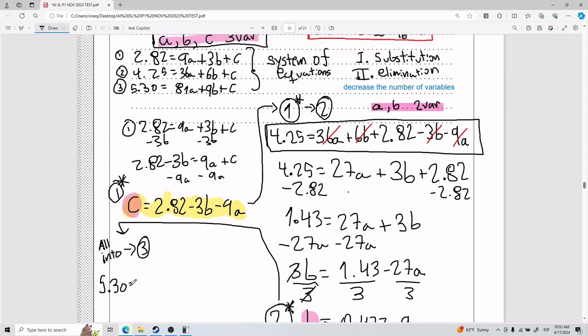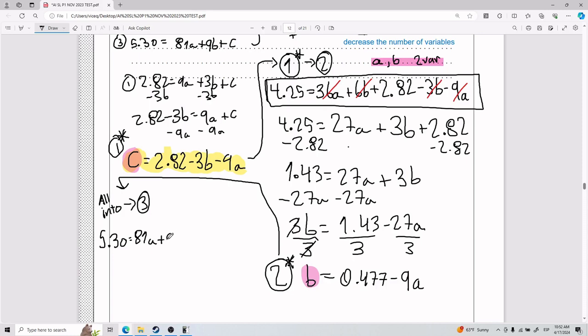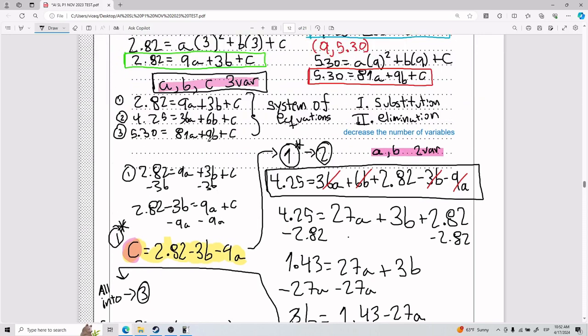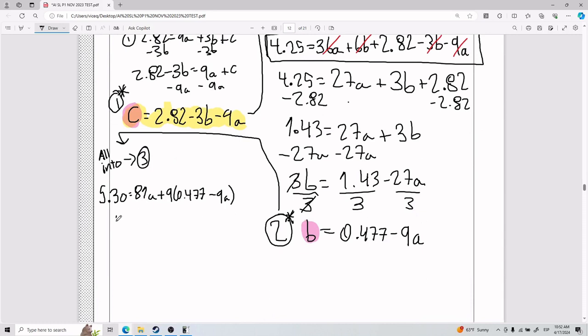You're going to end up with 5.30 = 81A, I'm talking about this one here, + 9B. Now we did say that B was 0.477 - 9A, and then you're going to have the + C. But you know that C from here is going to be 2.82 - 3B - 9A.